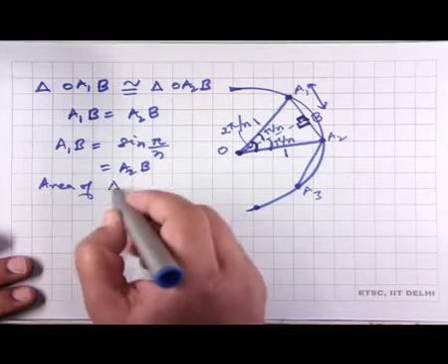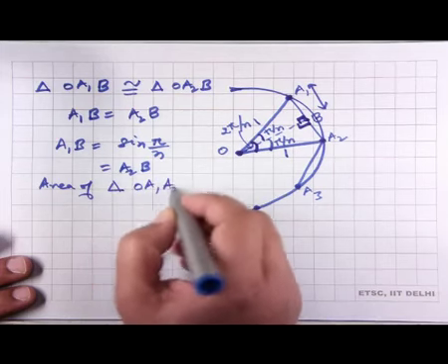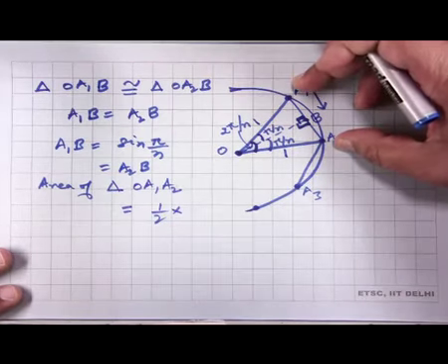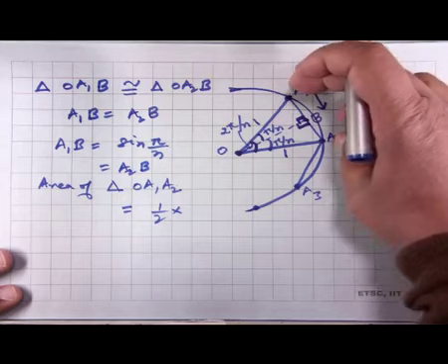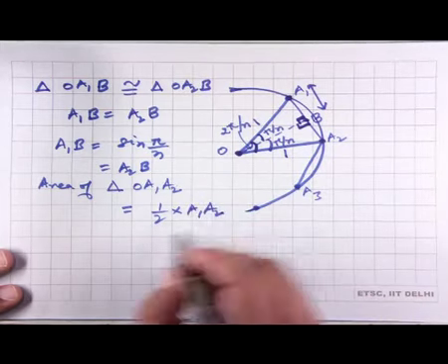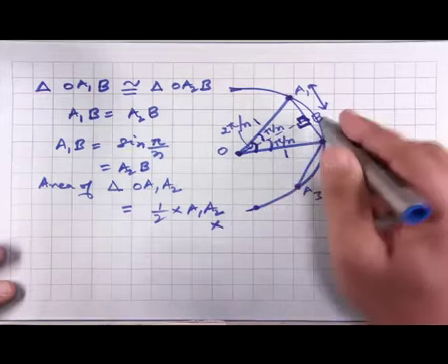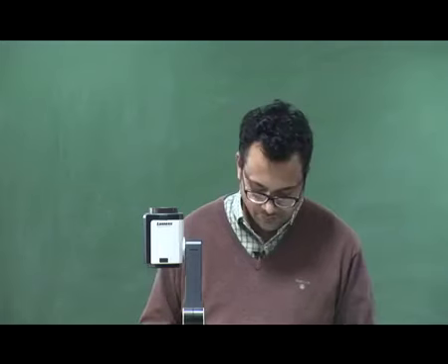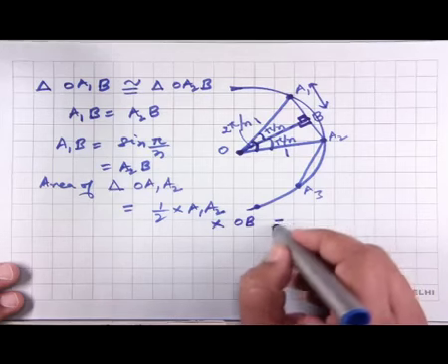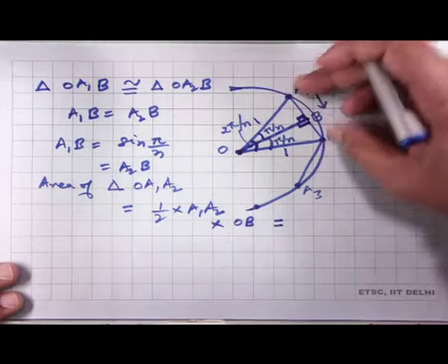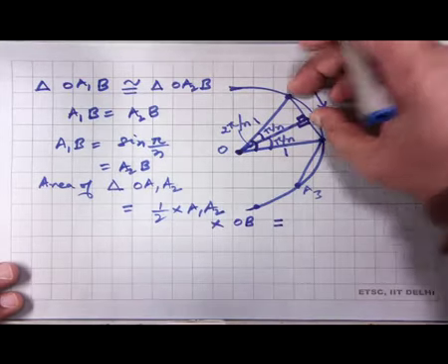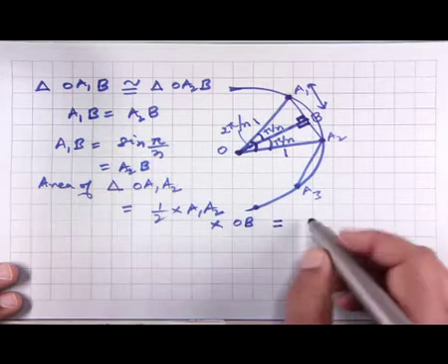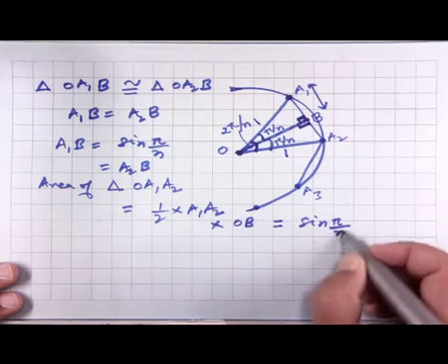area of triangle OA1A2 is equal to half into base. So, the base is A1A2 and half of this base. So, half times base times height. So, height is this length of this perpendicular, which is OB, that is equal to, now half of A1A2 is nothing but A1B, because B is the midpoint of A1A2, and A1B is already computed to be equal to sine of pi by n.